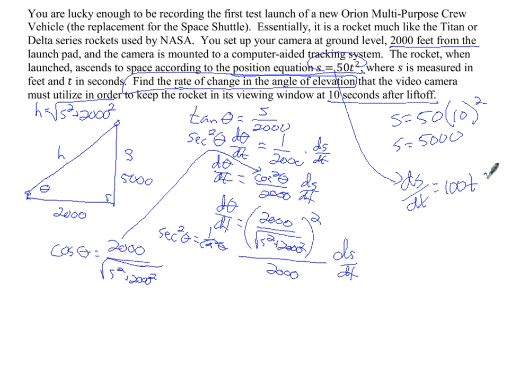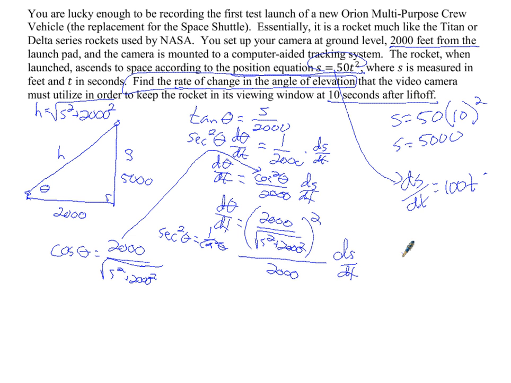And I took the derivative with respect to time, so there is no dt over dt here. So now instead of ds over dt, I can substitute in the 100t. And t in this case is 10.